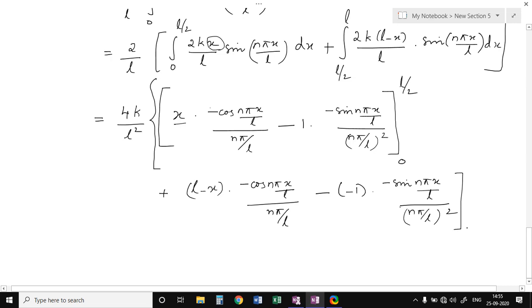Now limits are from L by 2 to L. So now we have integrated both integrals.